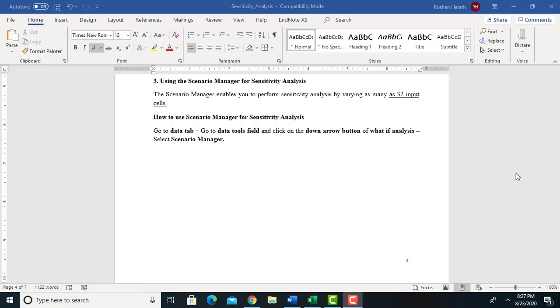That is the functionality the scenario manager offers. So it's a kind of extension of the data table. In the data table, you had to confine yourself to a maximum of 2 inputs, but here you can go up to changing 32 inputs. And as the term suggests, we'll be using this scenario manager to try out different scenarios.